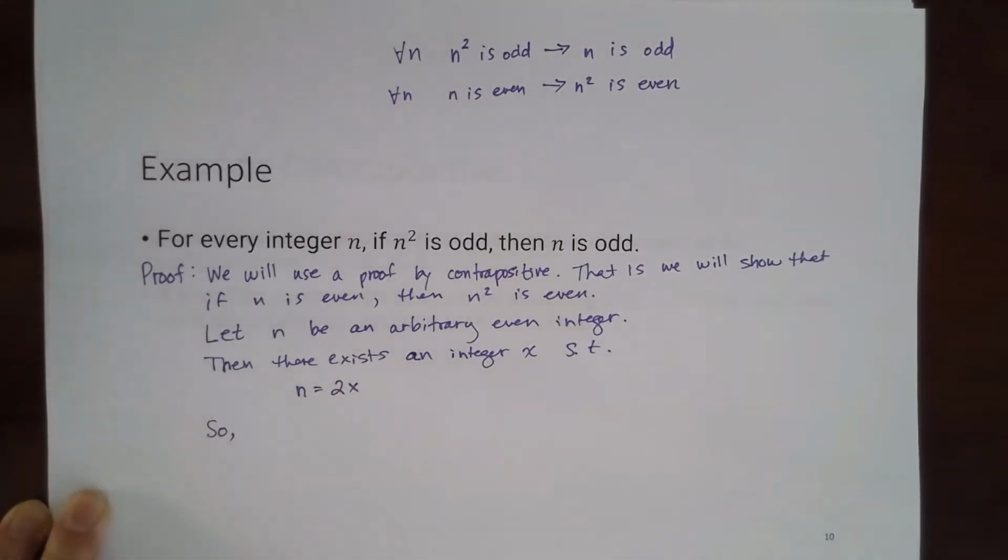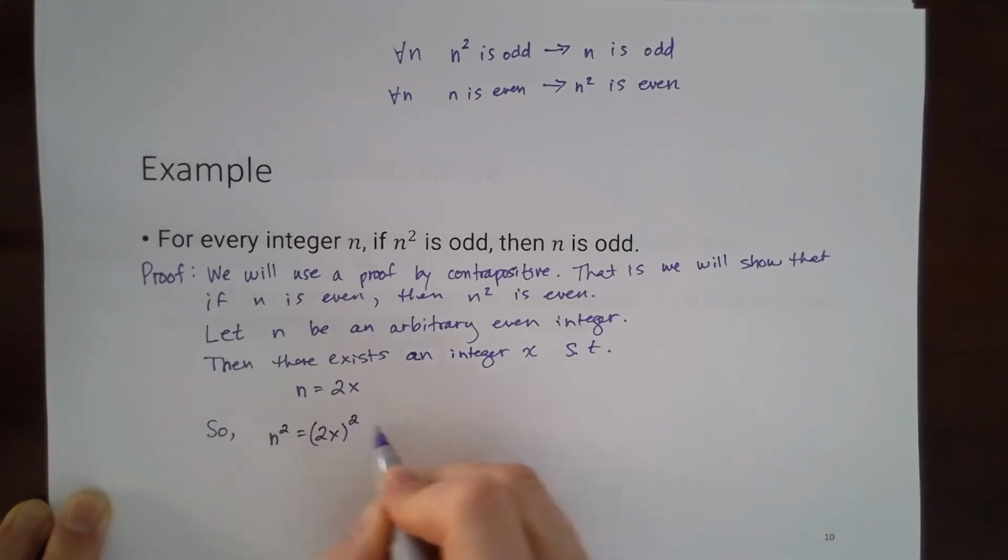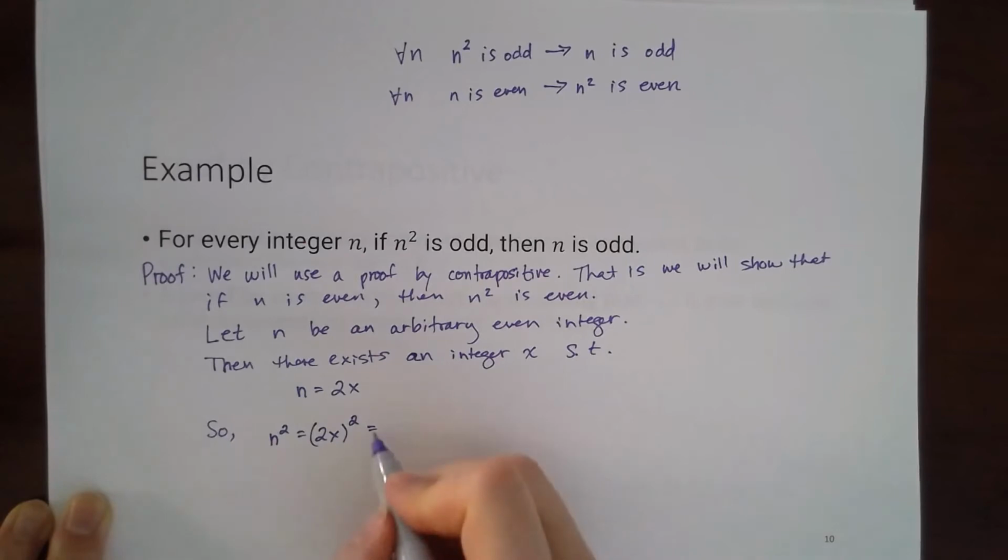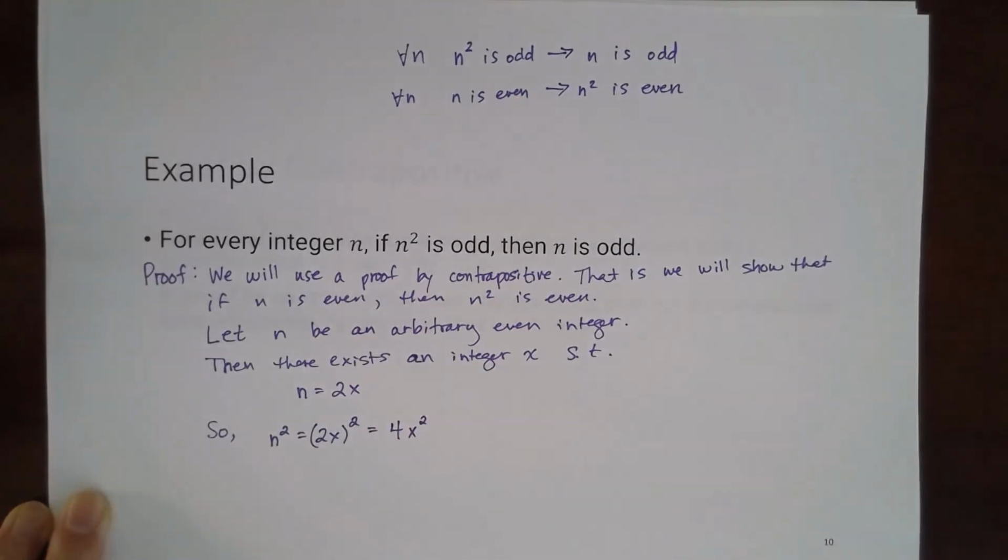So then we want to make an argument about n squared, right? So n squared equals 2x squared, which would be 4x squared. And how should we rewrite that so that we can show that n squared is even?